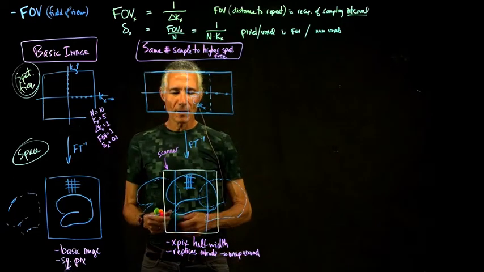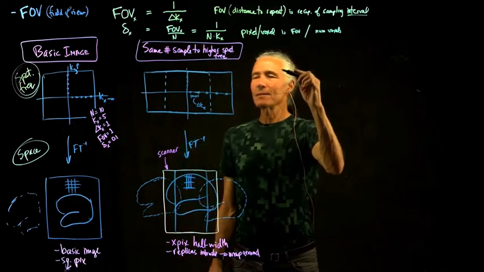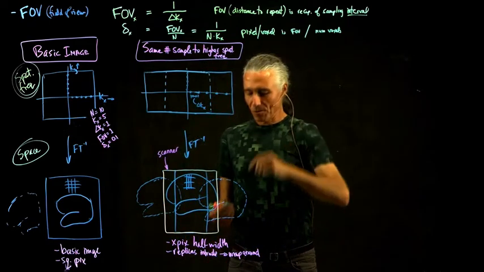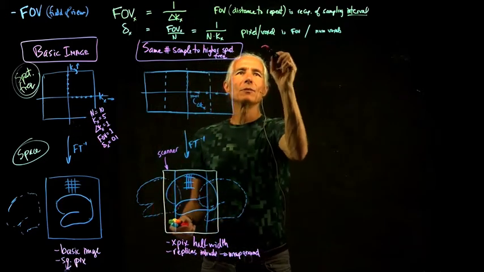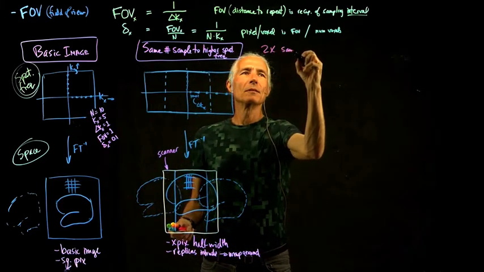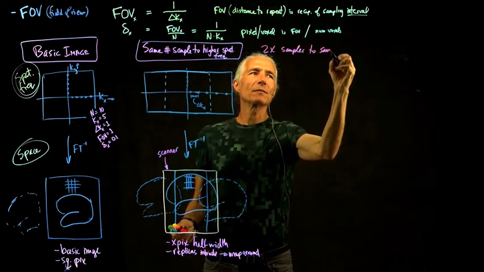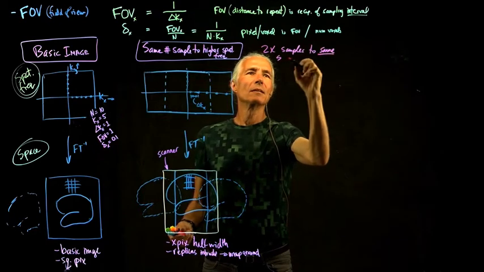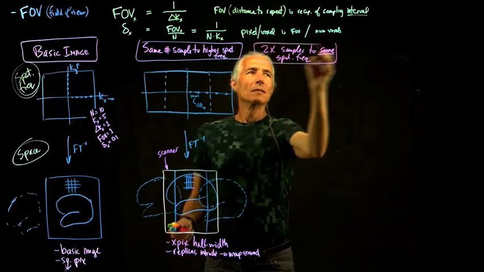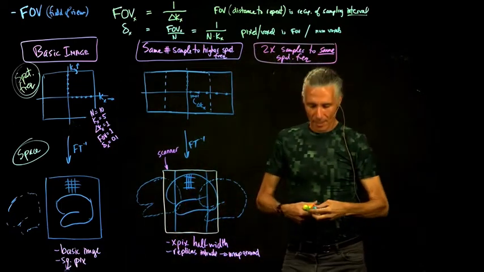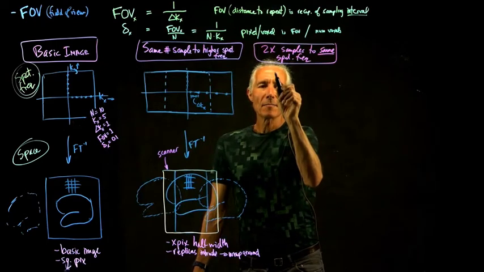So what do we do if we want to push the replicas out? We would just do the exact opposite of that, which would be to do 2 times the samples to the same spatial frequency. In this case we now have the same k-space.